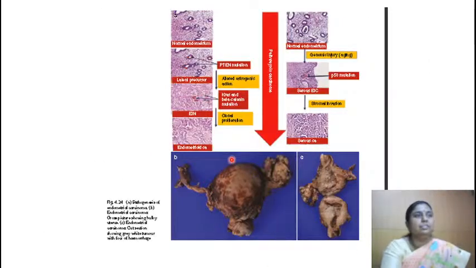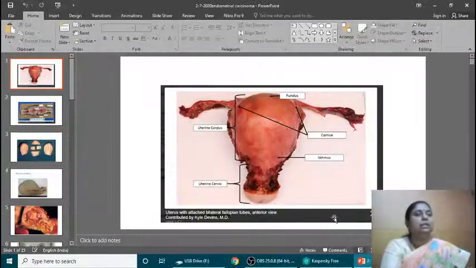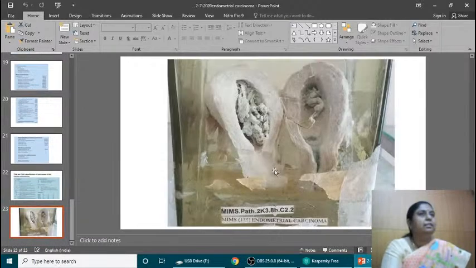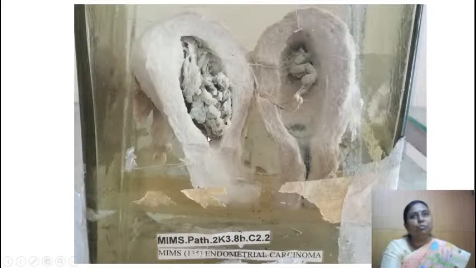Usually the uterus will be a little larger, and in type 2 carcinoma, non-endometrioid endometrial carcinomas, the uterus will be atrophic. So obviously from this specimen, what is that we understand? This must probably be a type 1 endometrial carcinoma.